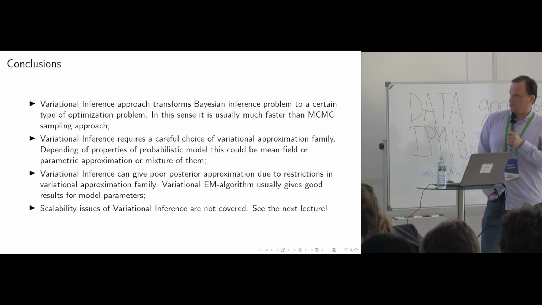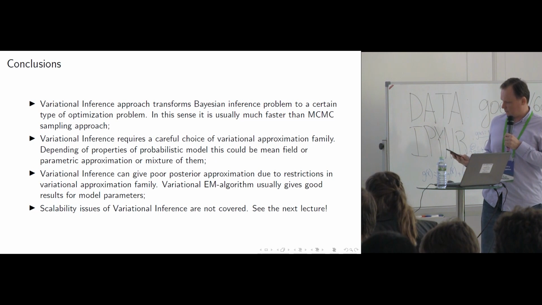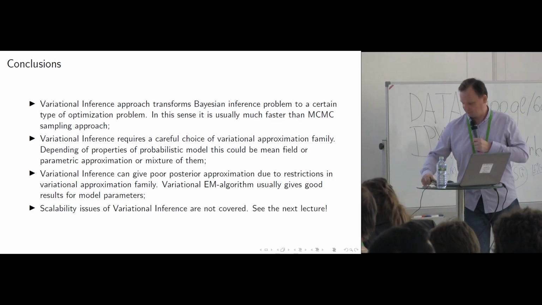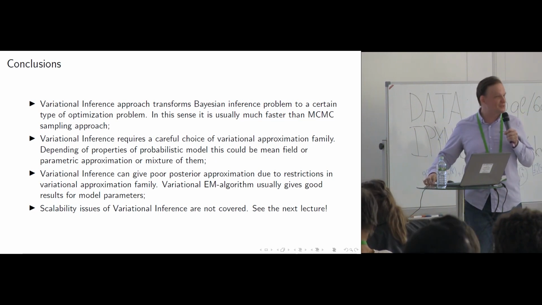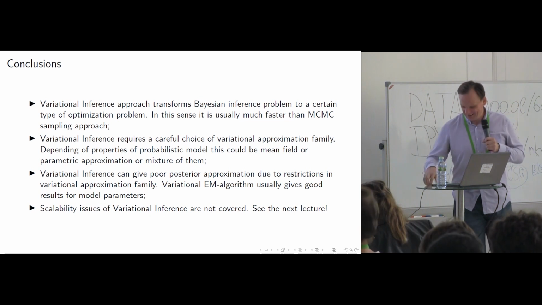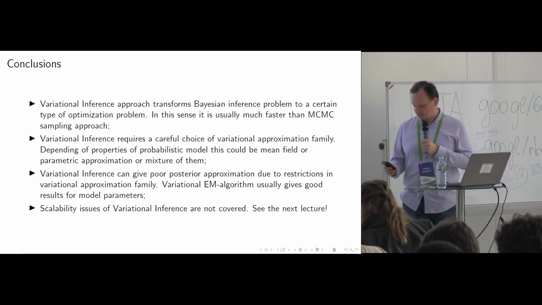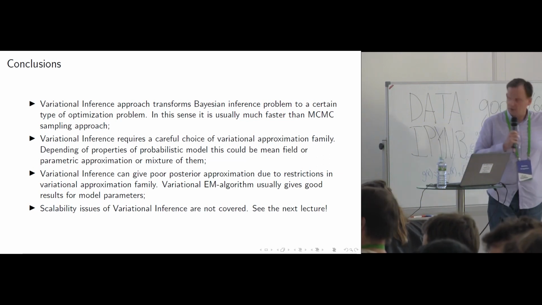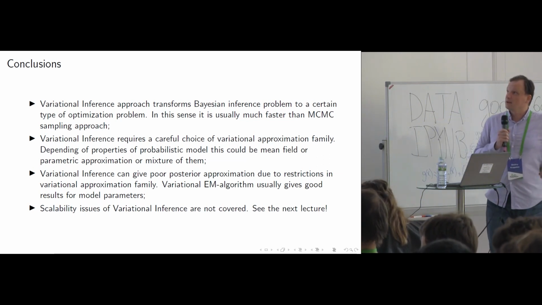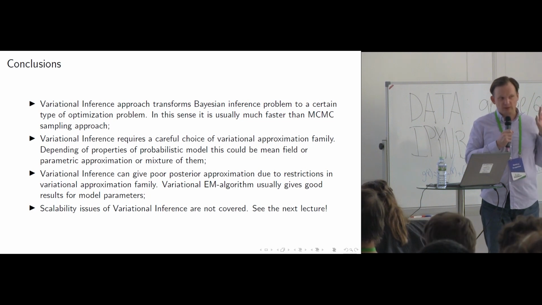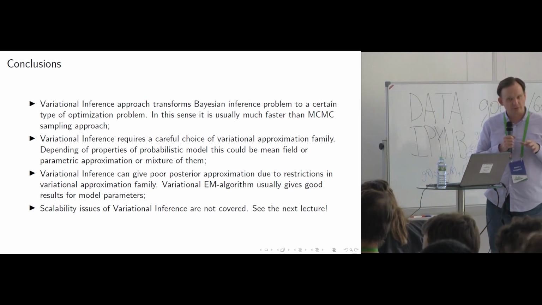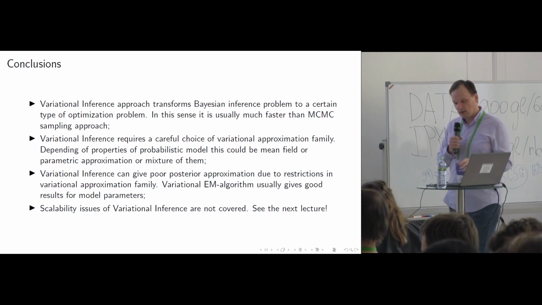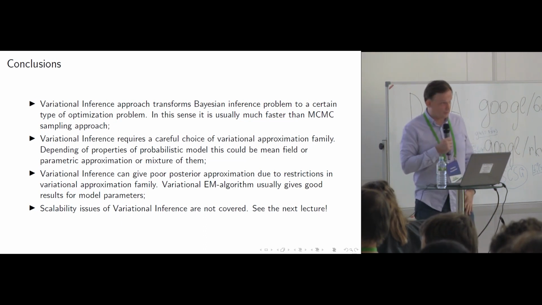Okay, so now, because you haven't asked me any questions during the lecture, we have finished in less than an hour. Okay, let's summarize everything that we were talking about. So first, we discussed today the variational inference approach, some approximate Bayesian inference scheme.